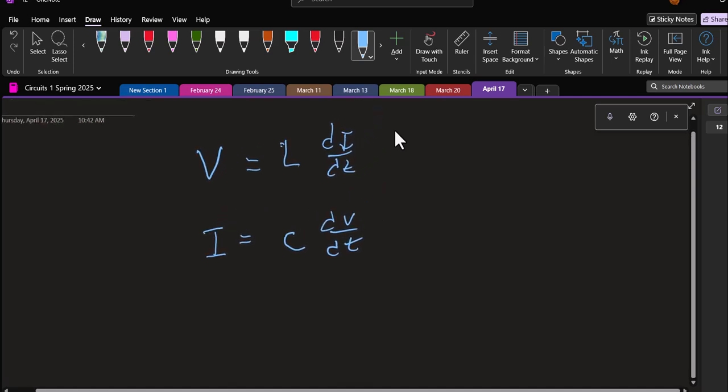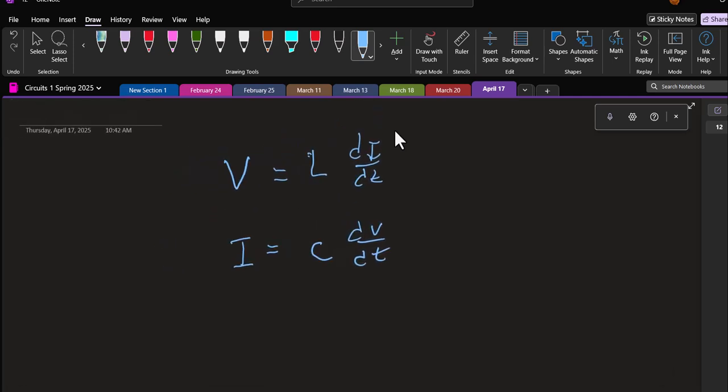So if I look at a circuit that looks like this, and I try to do a KVL around it. So I've got a voltage source here.